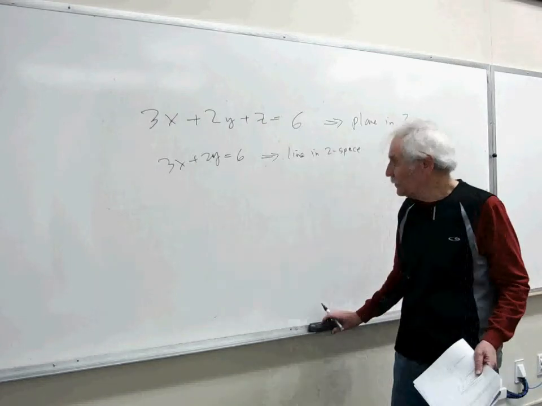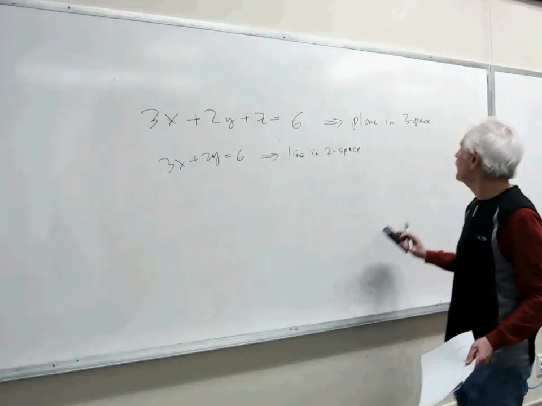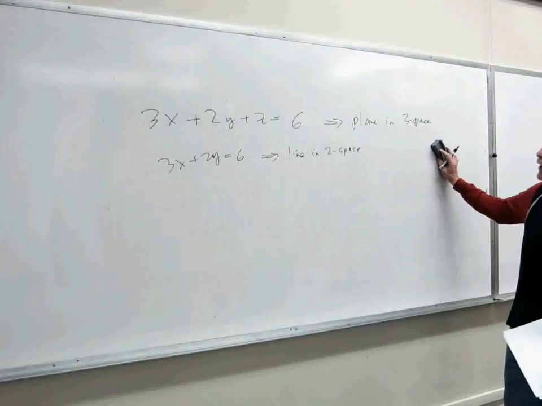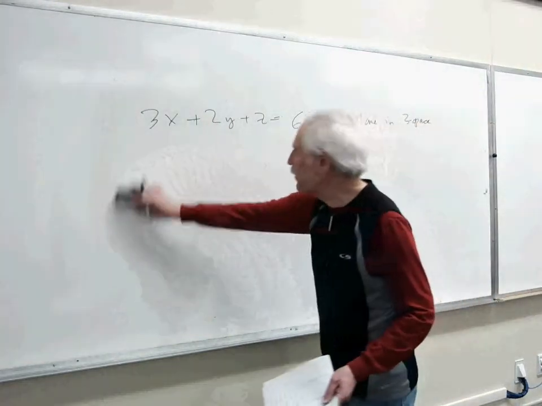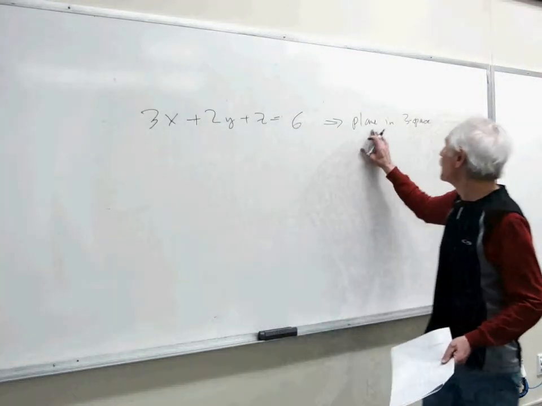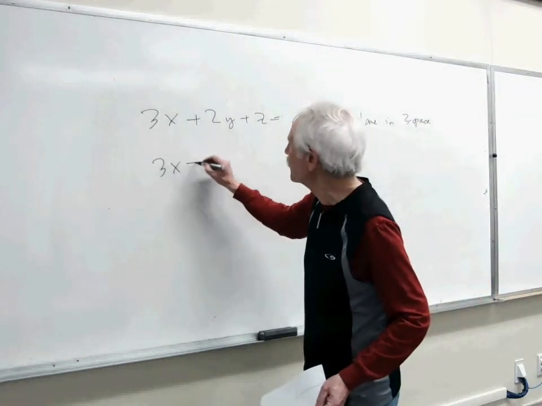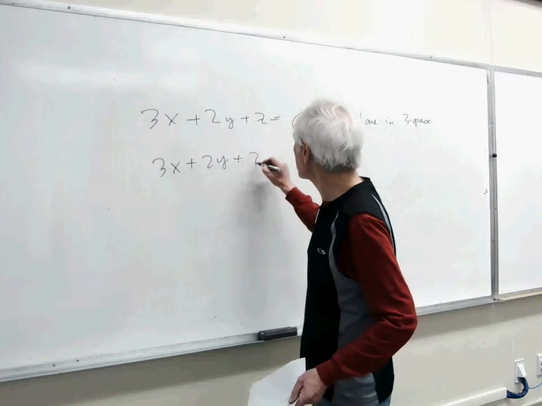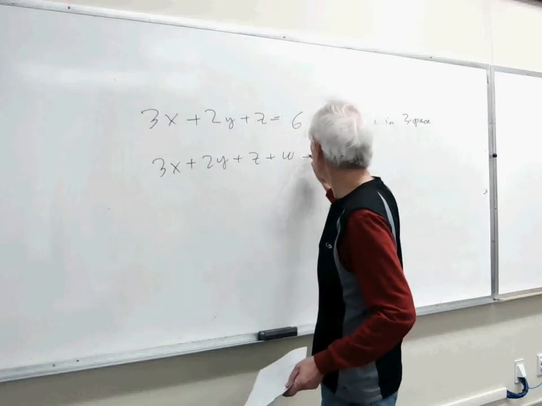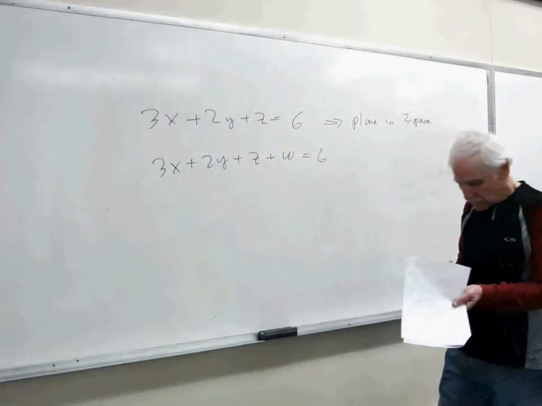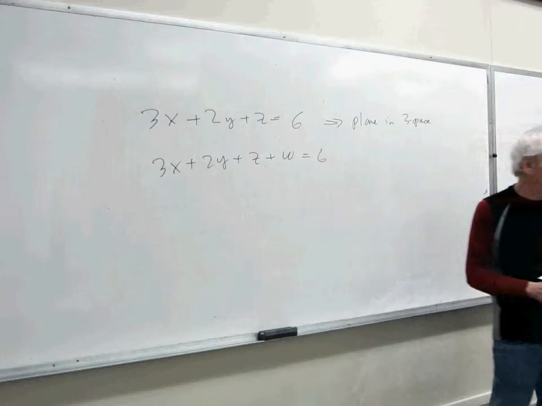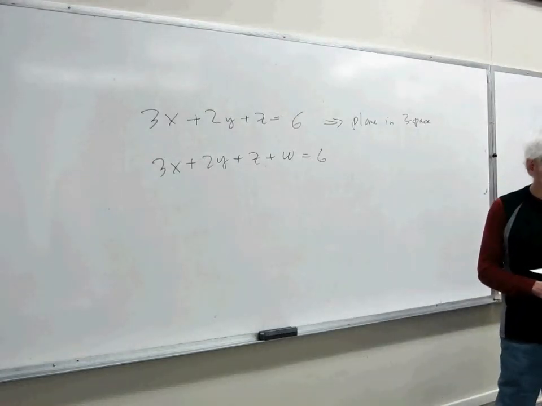You went over that too, at the end, right before we had the test. So 3 variables would be a plane in 3 space. If I would have written, and I wouldn't do this to you, 3x plus 2y plus z plus w equals 6, that is an object in what dimensional space? 4-dimensional space.